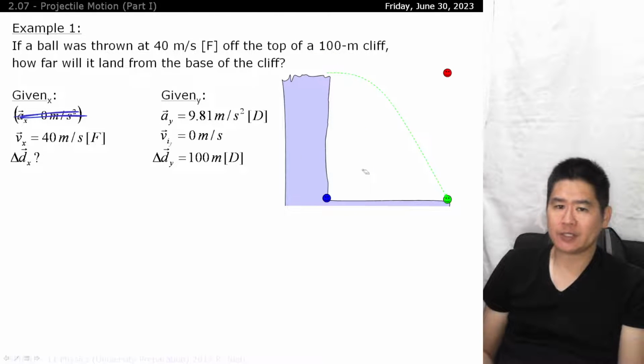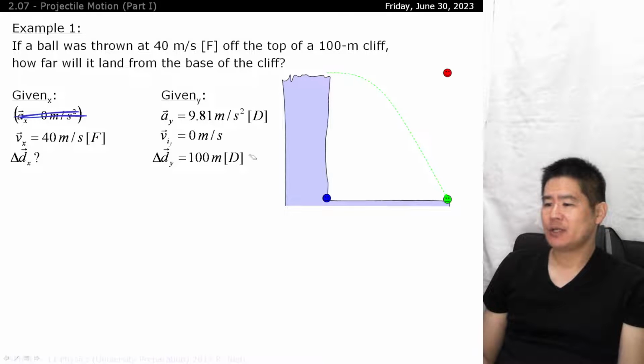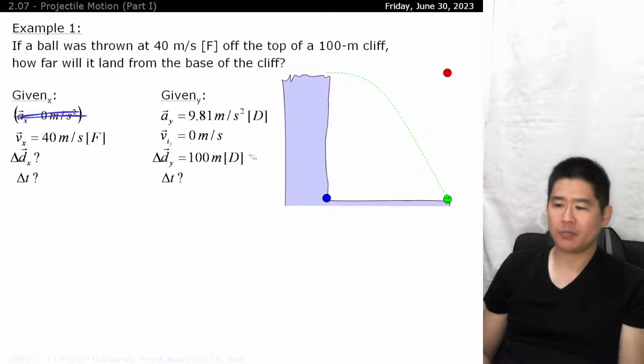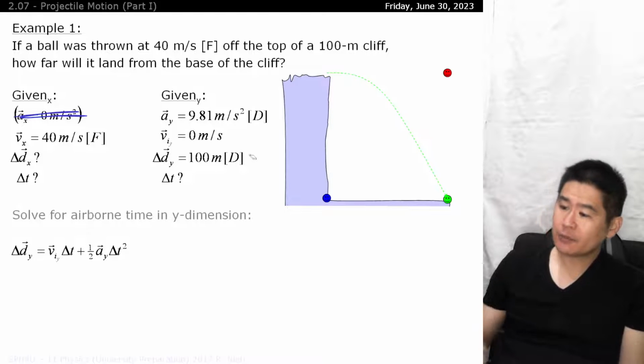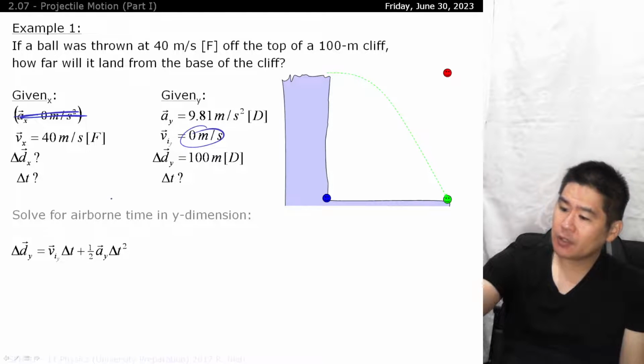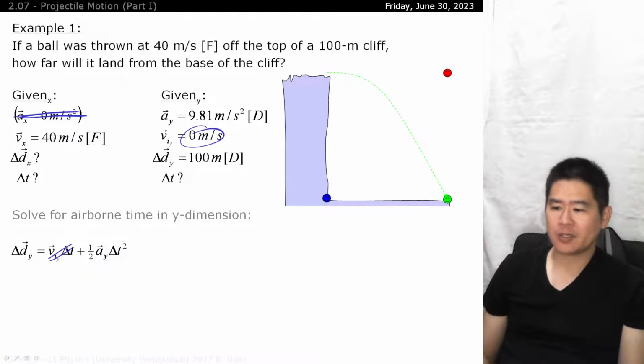All right, after all, that's the only dimension where you have at least 3 givens. So in this case, you'll probably want to pull out the third kinematic equation: delta d is equal to vi delta t plus 1/2 a delta t squared. And luckily for us, because this term goes to 0, this formula is fairly straightforward to rearrange and solve for.